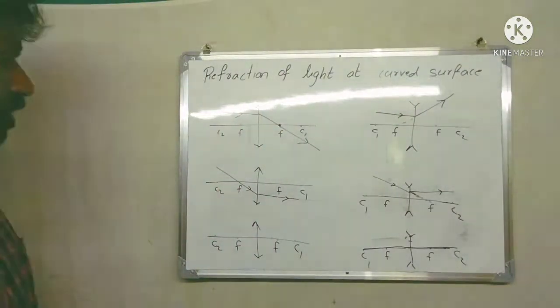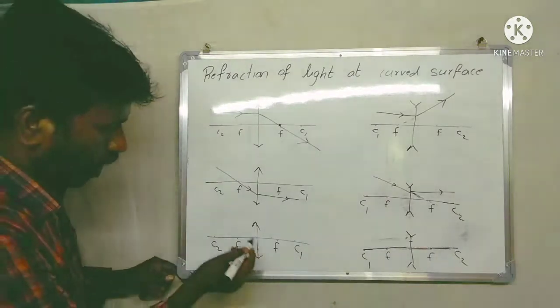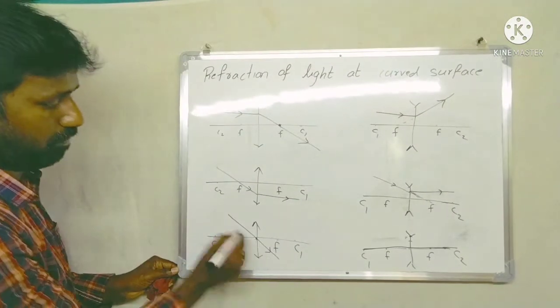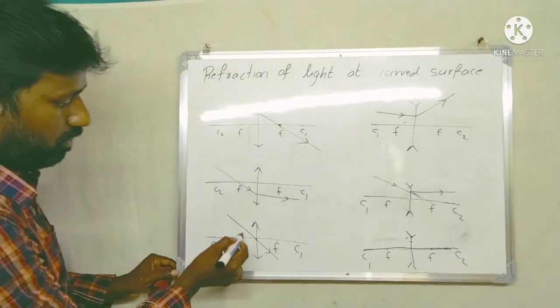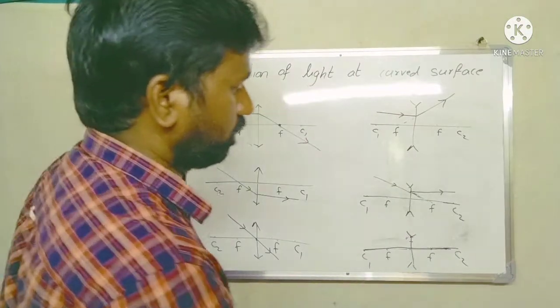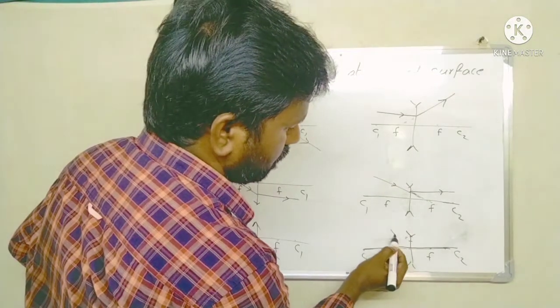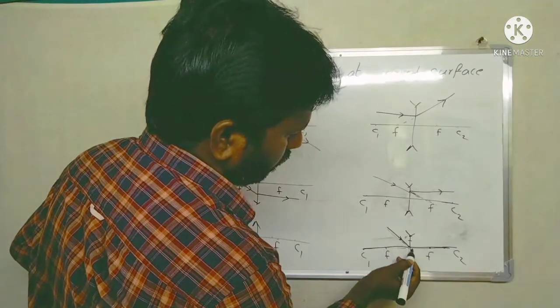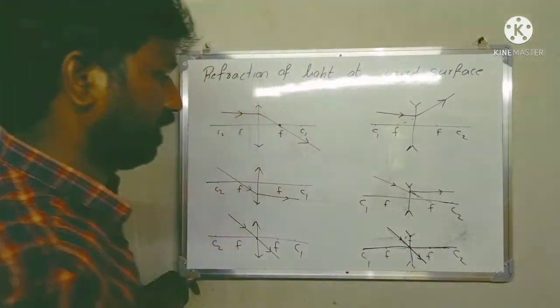Any light ray passing through the optic center does not deviate. If a light ray passes through the optic center, then the refracted ray does not deviate. And for this one also, the same: the incident ray passing through the optic center, then the refracted ray does not deviate.